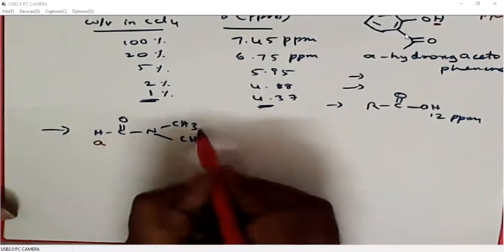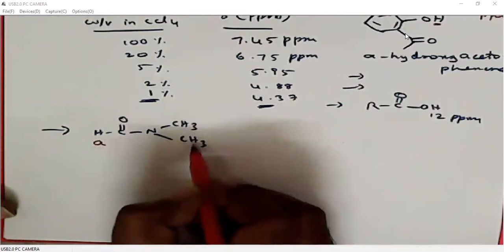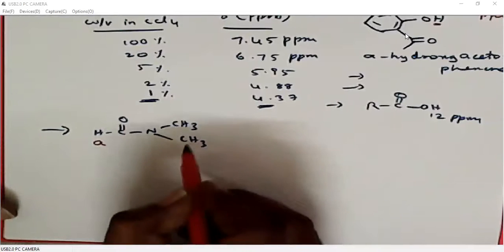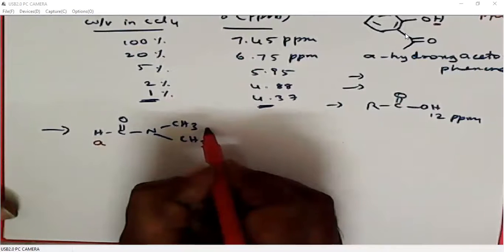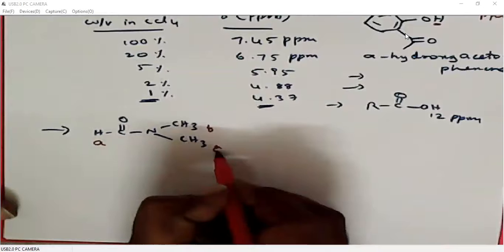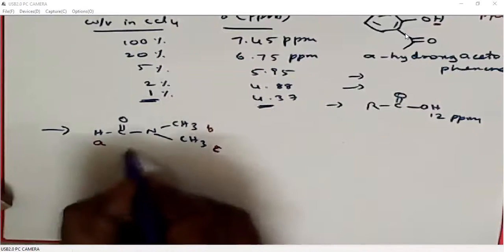And then these, if they are chemically equivalent, they will appear at the same delta value. But as I said, these two are not chemically equivalent, so they will appear in different chemical environments. So one will appear at a very large delta, one will appear at a very low delta.